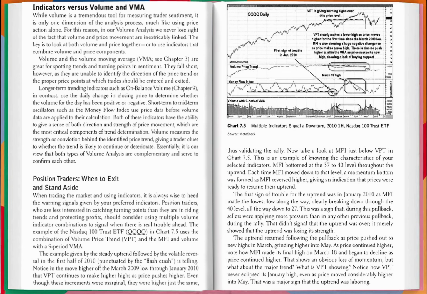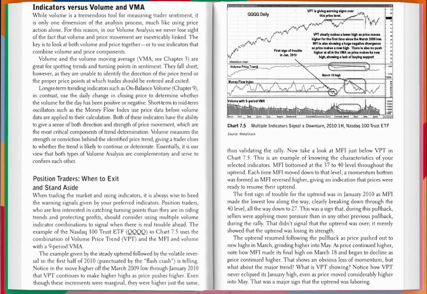The key is to look at both volume and price together, or to use indicators that combine volume and price components. Volume and the volume moving average, VMA, see Chapter 3, are great for spotting trends and turning points in sentiment. They fall short, however, as they are unable to identify the direction of the price trend or the proper price points at which trades should be entered and exited.